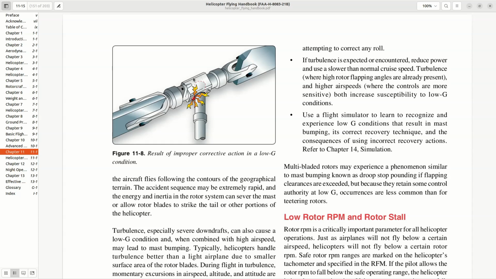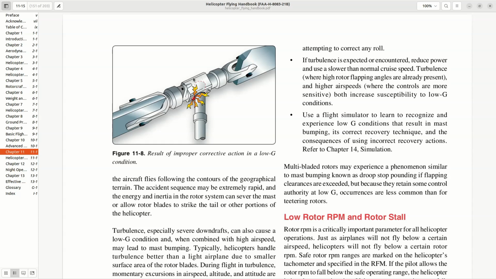There's kind of a springiness to those rotors, so you can essentially snap it from coned up to coned down. All of these things are bad. So what can happen? You can get mast bumping. The other thing that can happen in those Robinsons is it uncones or cones downward, however you want to say that, and you can lose your tail rotor mast. More than one Robinson has had its tail cut off from this condition.